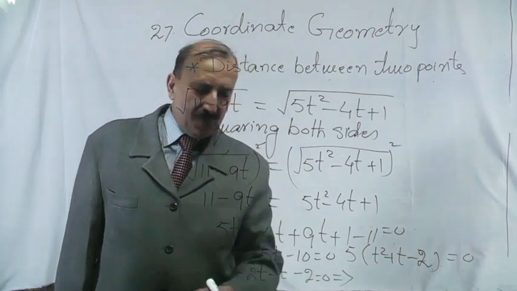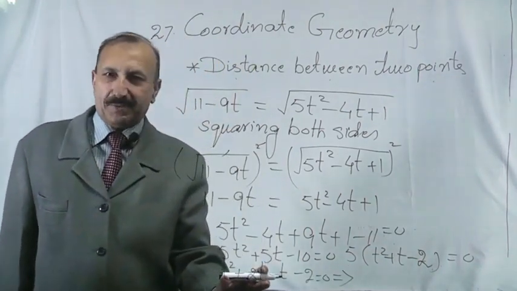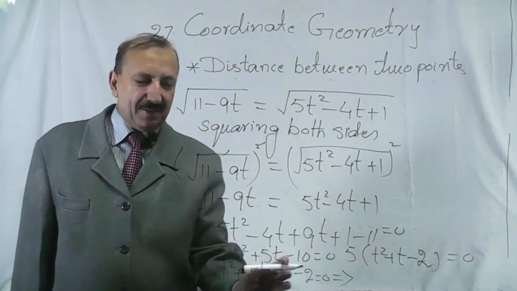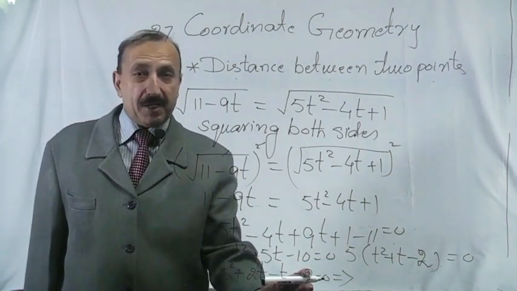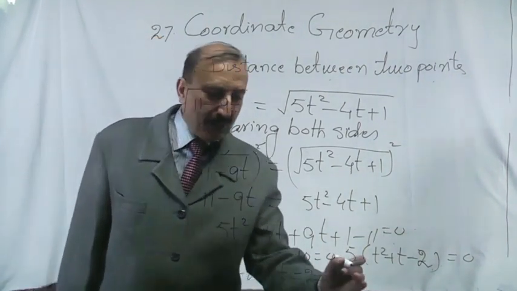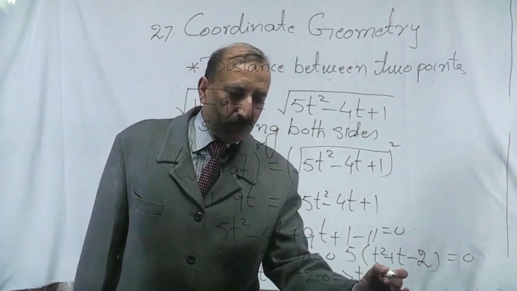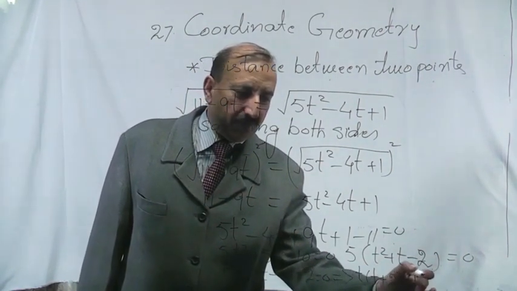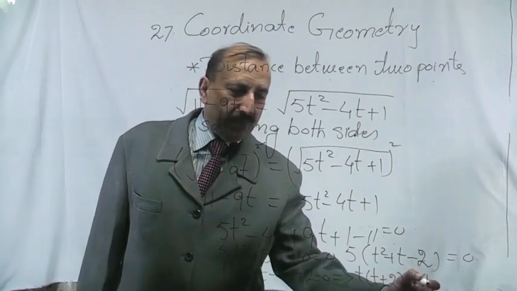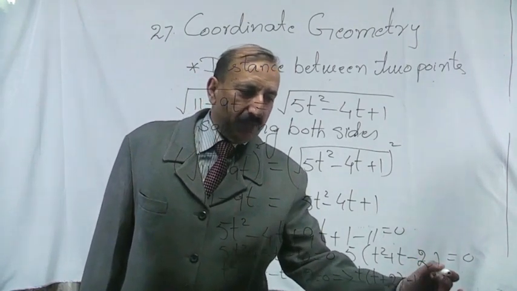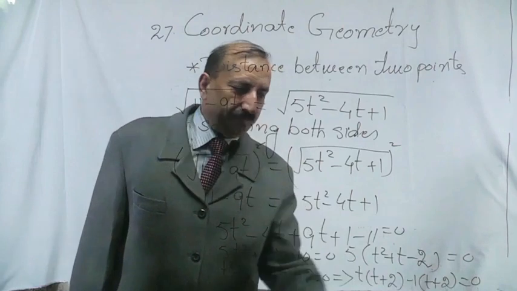This implies that, let's take t common from these two terms to get one factor, and we'll take minus 1 common from these two terms. So t plus 2 we will have here, minus 1 from here, and we will have t plus 2 from here. This is equal to 0.